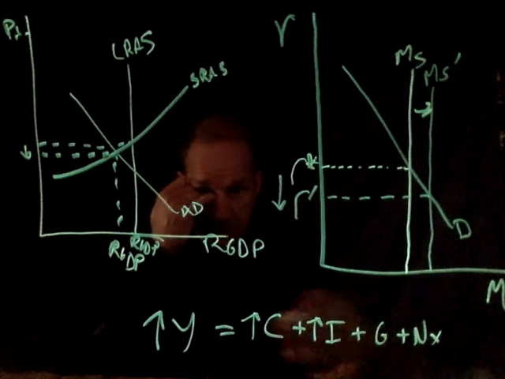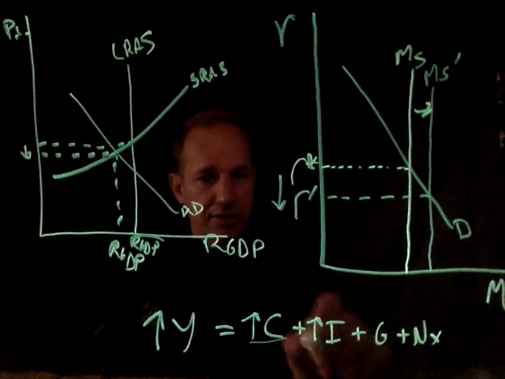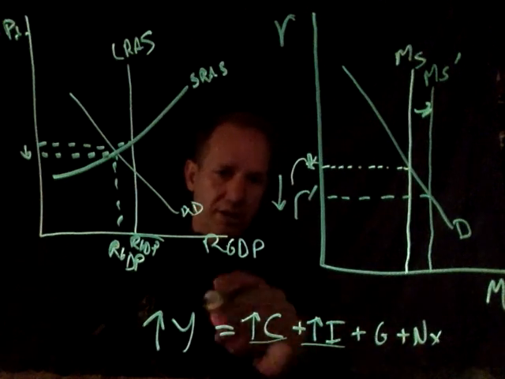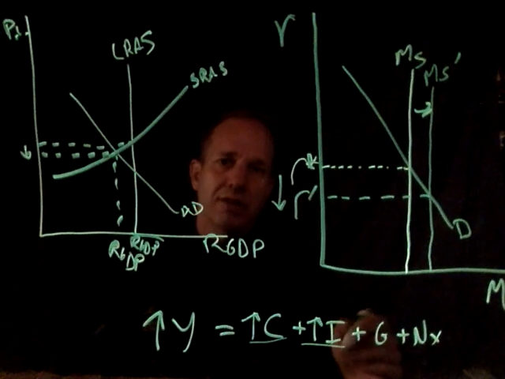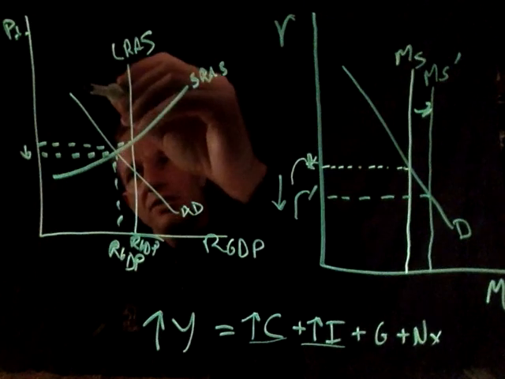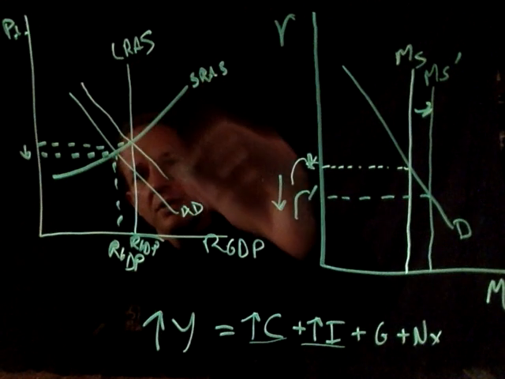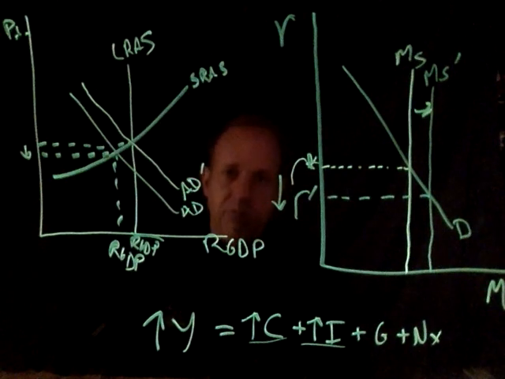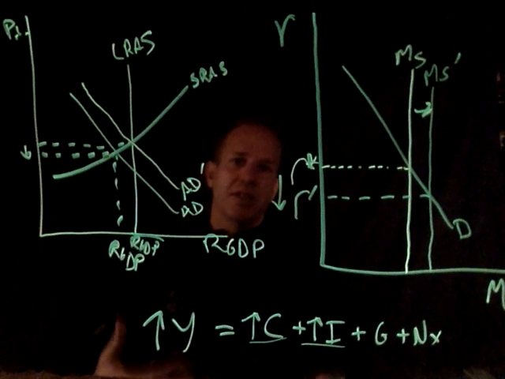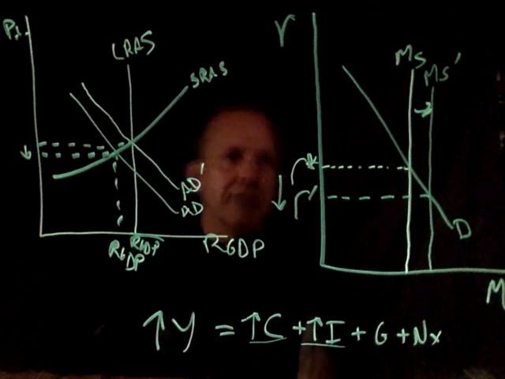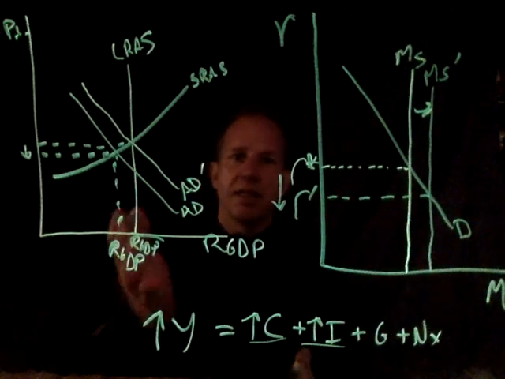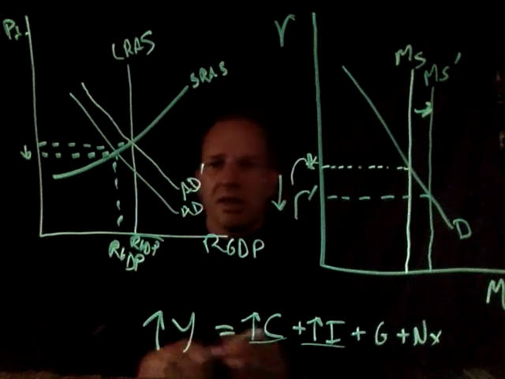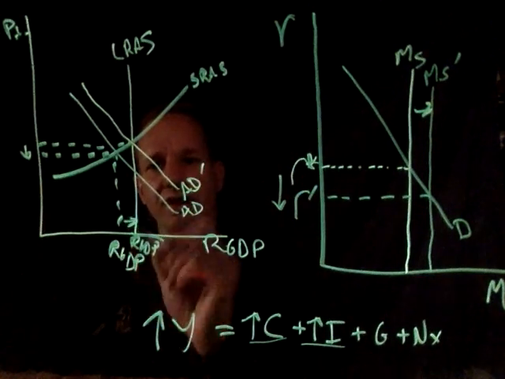Now, if the Fed does this increase in C and increase in I, determinants of aggregate demand, these things that are the components of the national income identity, the idea is to raise aggregate demand back to here. So that is the Federal Reserve with an expansionary monetary policy, increasing the money supply through the interest rates, which should increase aggregate demand to close a recessionary gap.